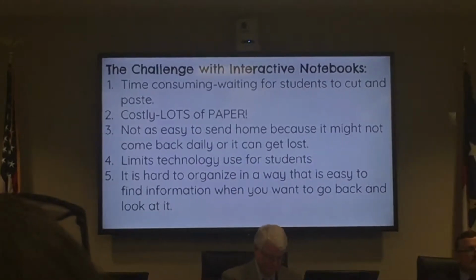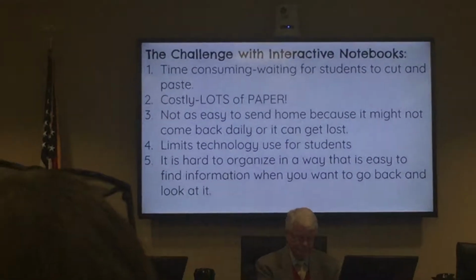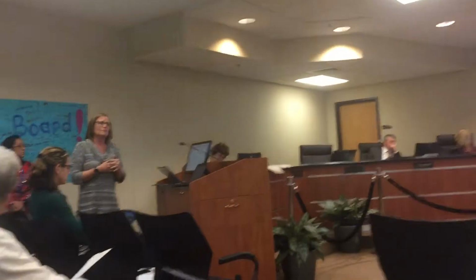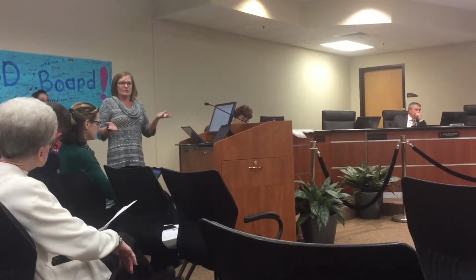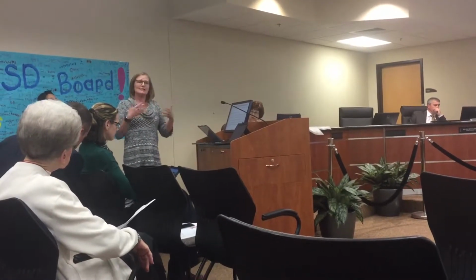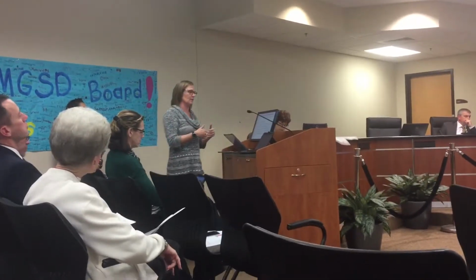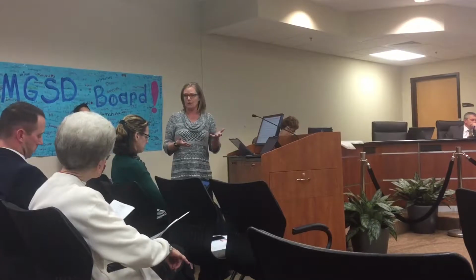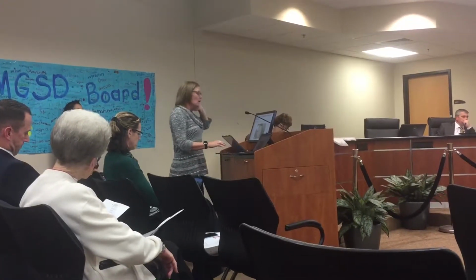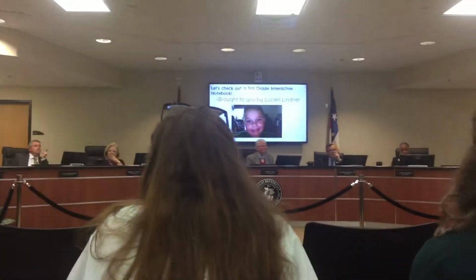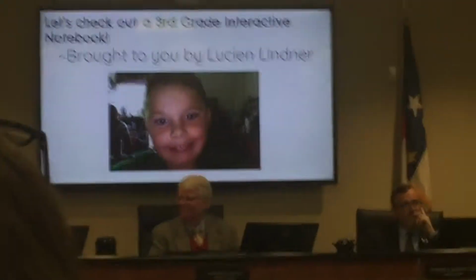They're not very organized. They are costly in terms of copies and paper. The technology use is limited for kiddos, and so we got to thinking about how could we get the kids more engaged with technology and keep a running record of what we've been working on and what we've been learning. And so what came about was our digital interactive notebook.